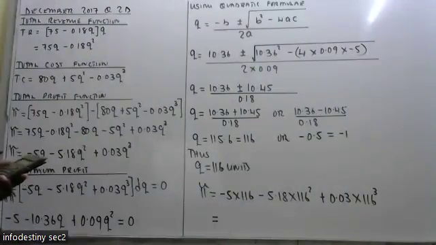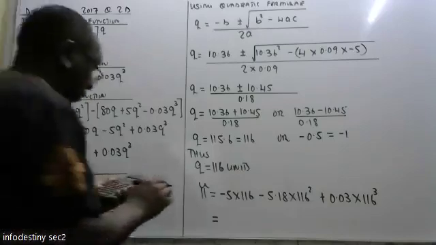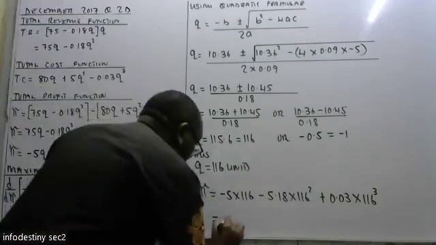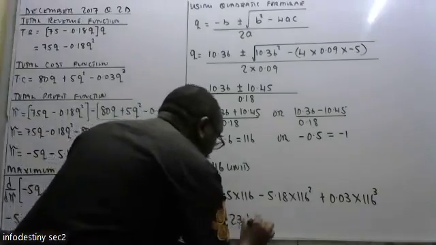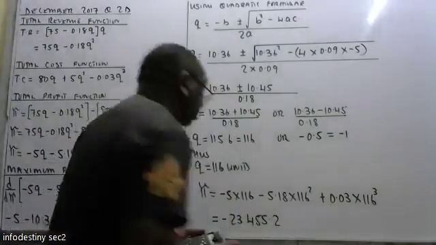So minus 5 times 116 minus 5.18 times 116 squared plus 0.03 times 116 raised to power 3. And I'm getting a loss of negative 23,455.2.